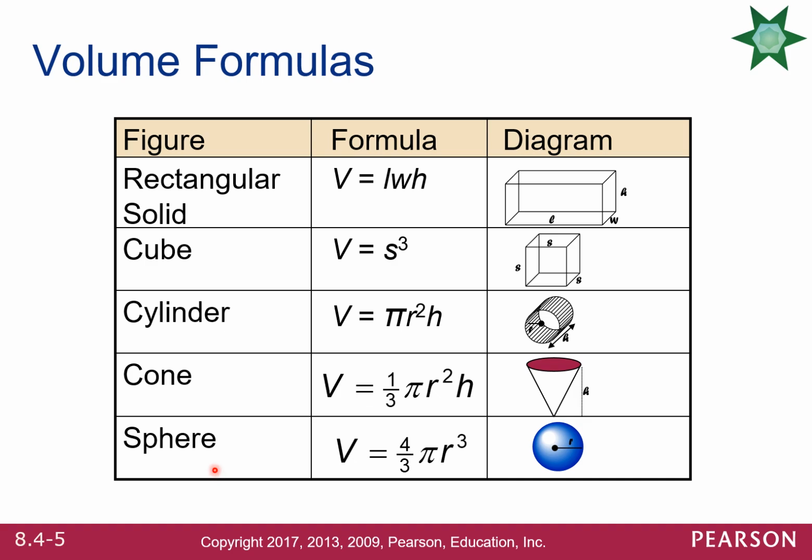And then a sphere has volume 4/3 times pi r cubed. So to find the volume of a sphere, we multiply r by itself 3 times. So r cubed, so 4/3 pi r cubed. All right, so these are the formulas for the volumes of different three-dimensional figures.